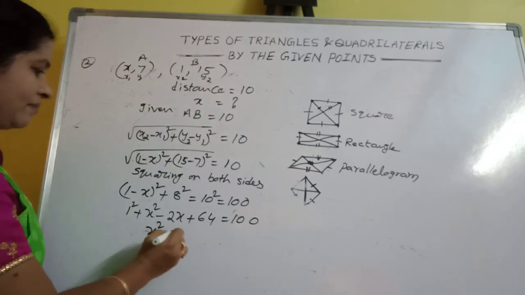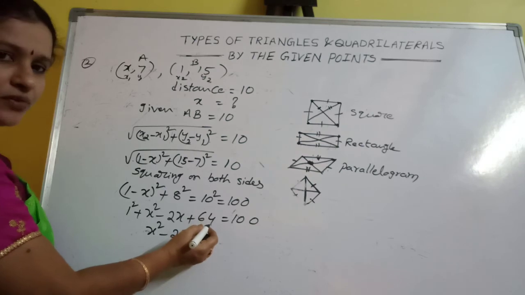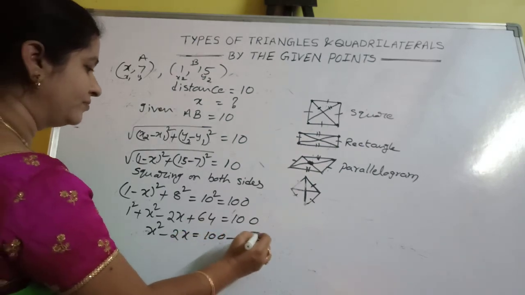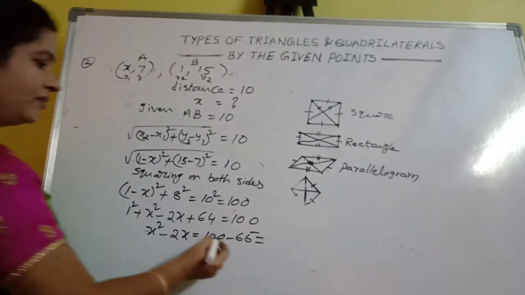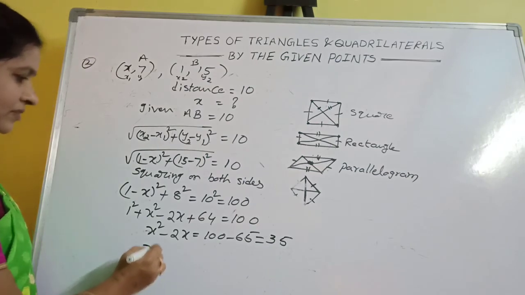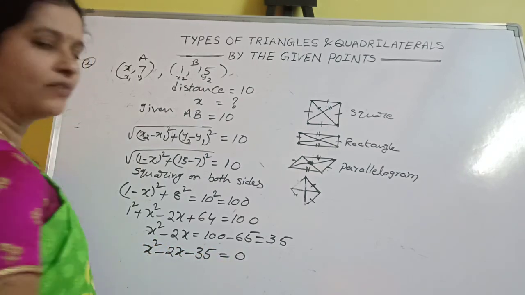So x square minus 2x, plus 1 plus 64 is 65. 100 minus 65 is 35. So x square minus 2x minus 35 equals 0.